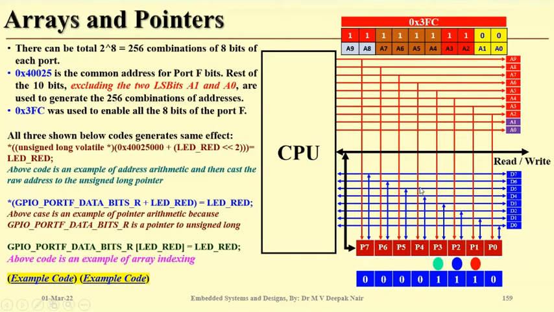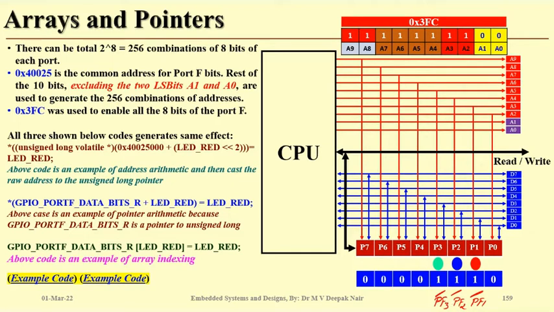So here you might be recalling there are three LEDs available on the microcontroller board, which are connected to bit positions 1, 2, and 3. Okay, so red, blue, and green. So these three LEDs are inbuilt in the microcontroller board. Remember this is port PF1, PF2, PF3.